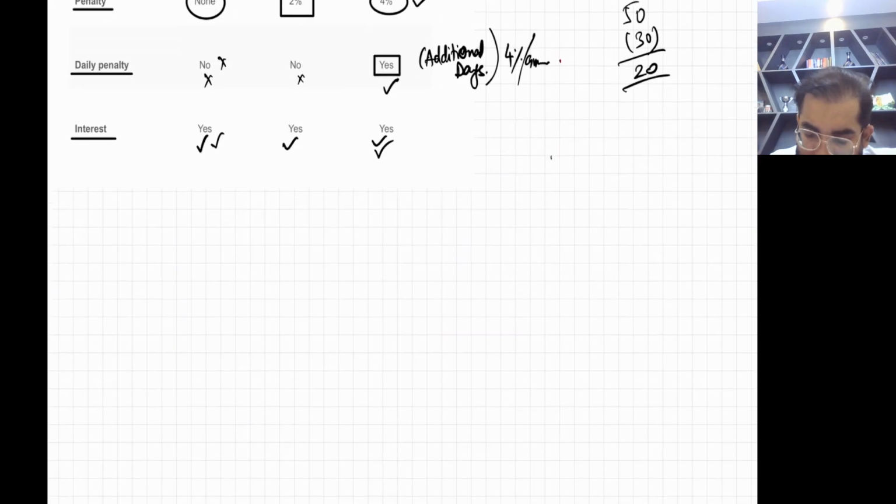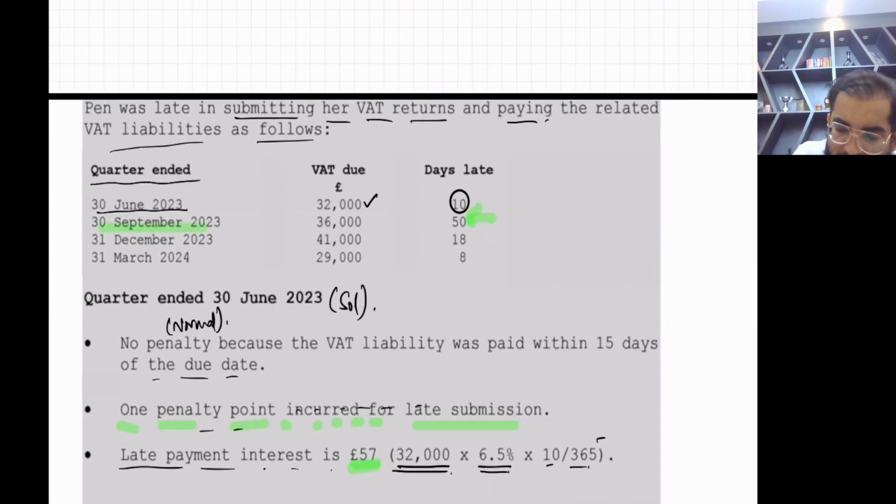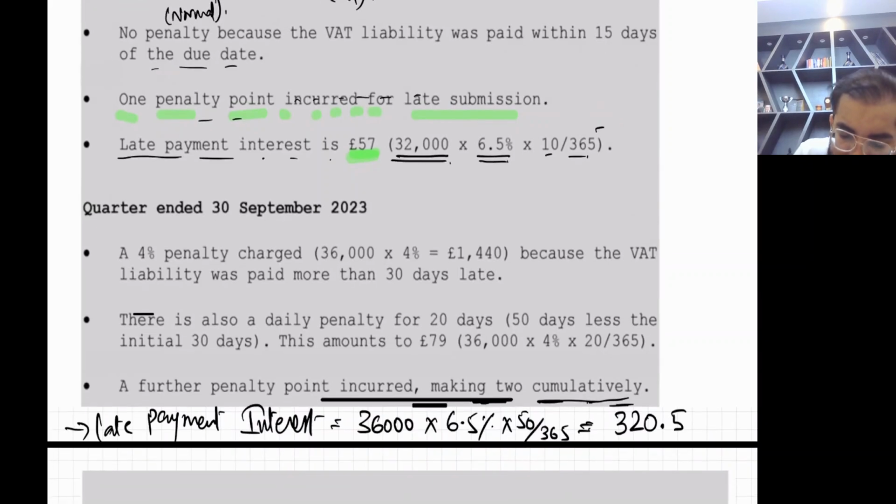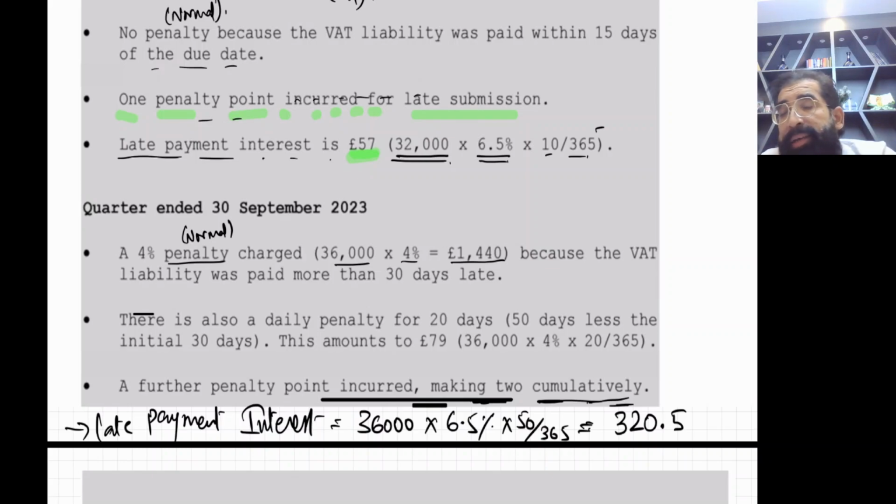Listen, the actual VAT liability is 36,000. A 4% penalty, I call it normal penalty. So 36,000 multiplied by 4%, which is 1440, is payable because the VAT liability was paid more than 30 days late. And now daily penalty will also apply. Be very active.